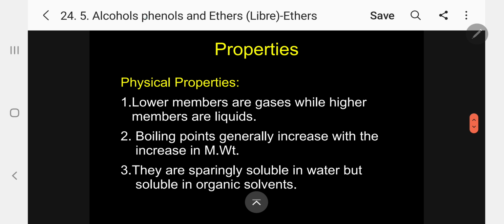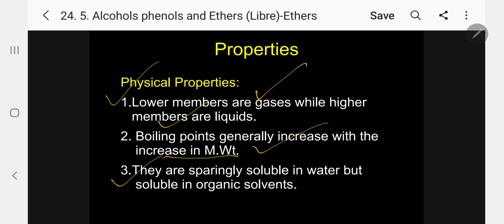Coming to properties. Physical properties, let me concentrate first. Lower members are gases, while higher members are liquids. Generally in all organic compounds, lower members are gases, higher members are liquids, still higher members are solids. Boiling point generally increases with increasing molecular weight. Generally they are sparingly soluble in water, but soluble in organic solvents.